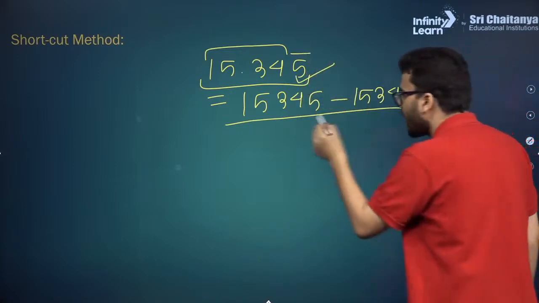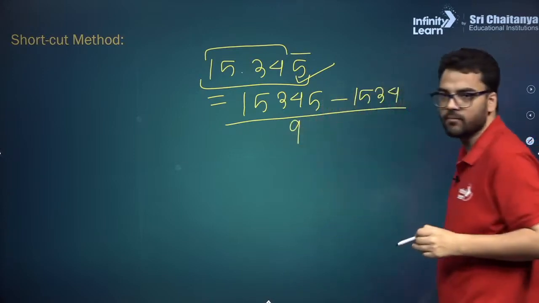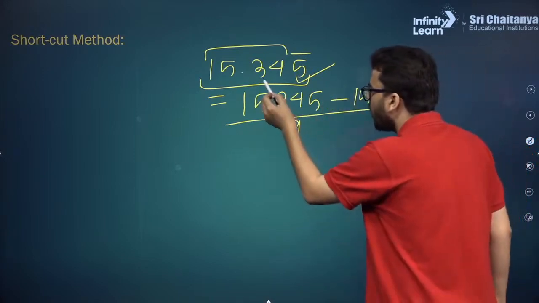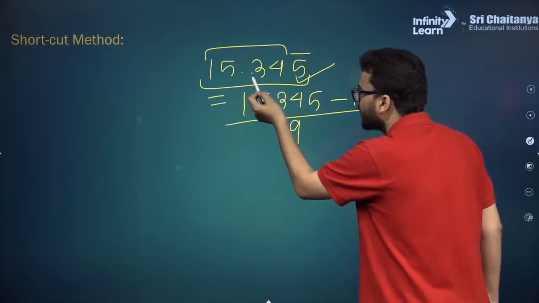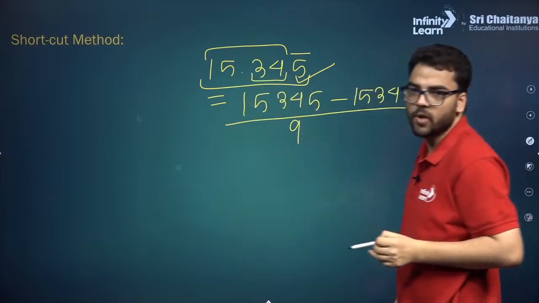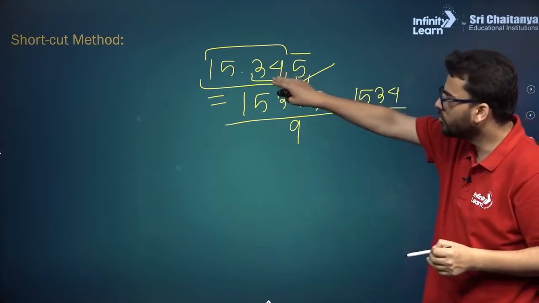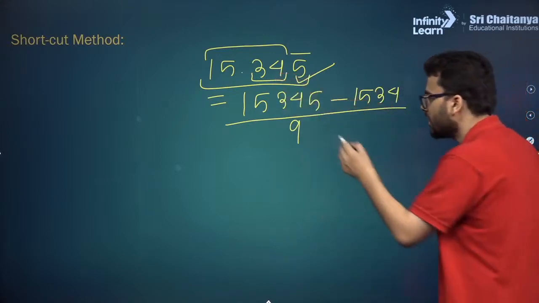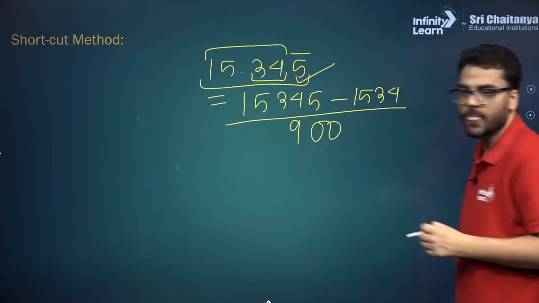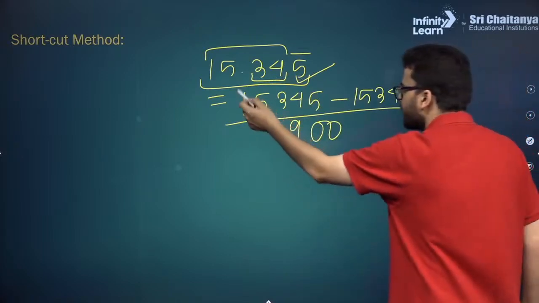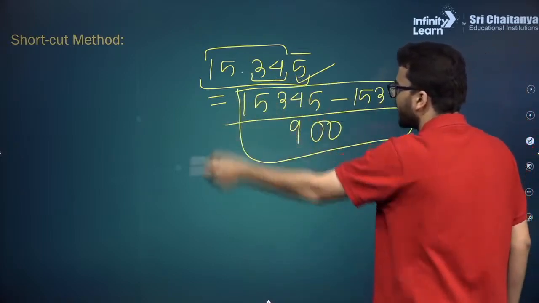On one digit only the bar is there, so you will write 9 one time. Now, on how many digits after the decimal is the bar not there? On 2 digits after the decimal the bar is not there, so 2 zeros you will put. And obviously you have to simplify whatever it is, you'll get the answer.